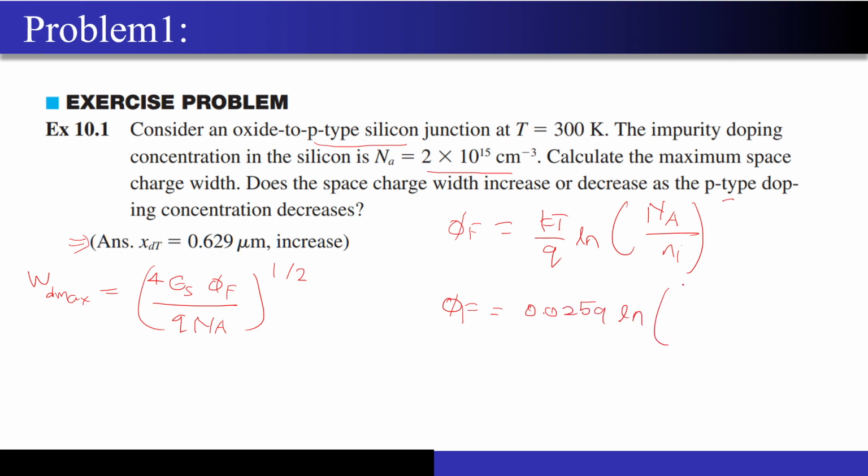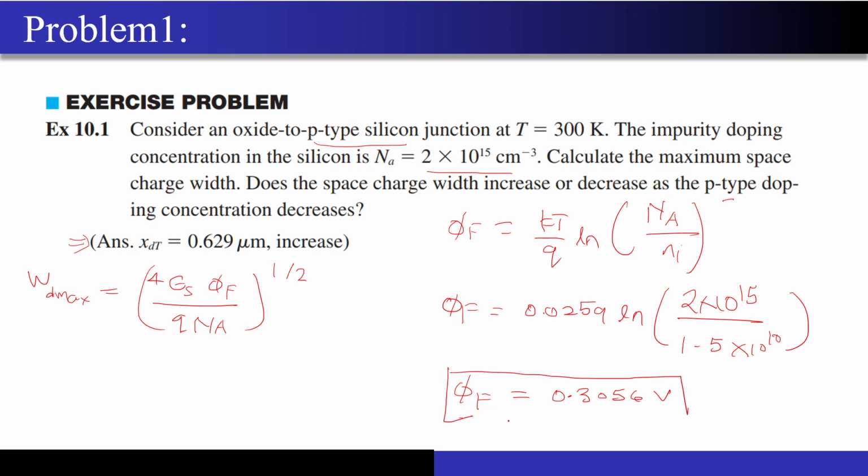The Na value has been given to me, 2 into 10 to the power 15, and ni we all know for silicon, 1.5 into 10 to the power 10. If you calculate this, then the phi f value that you will be getting is pretty close to around 0.3056 volts. This is the value of phi f that you will be getting, and now we have to put this value in over here. I hope the flow of the question is pretty much clear.